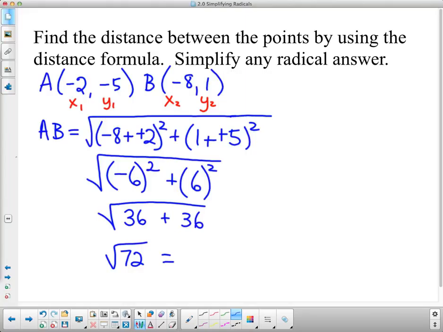So probably a good thing to do is apps on your iPad, look for an app that does integers. Calculating with integers, I know there's all kinds of integer quizzes and things like that, just to practice your positives and your negatives. Add, multiply, divide, subtract. So operations with integers.